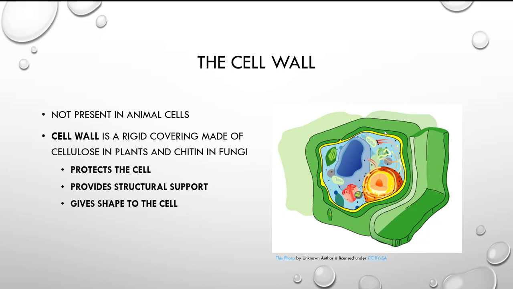We don't want that rigid structure that surrounds our plasma membrane. But plants like it because it helps protect them. So the cell wall is a rigid covering. For plants, that rigid covering is made of cellulose. For fungi, it's a different type of component called chitin.